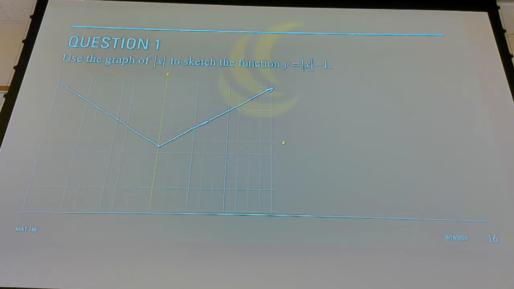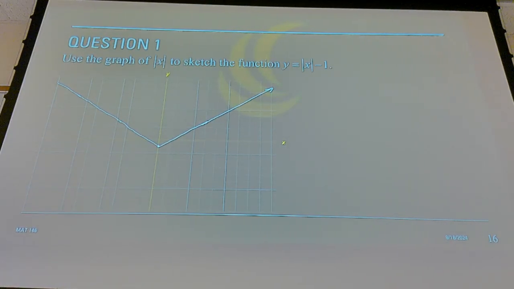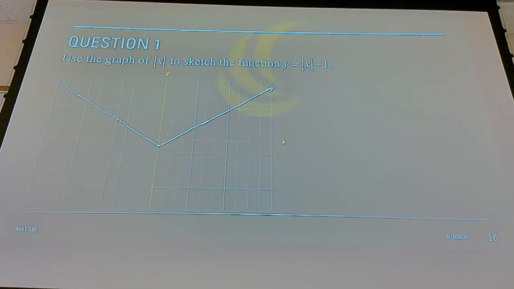That's how it should look, but it has to go through those corners, because it has to go through the point 1, 0 and the point -1, 0.